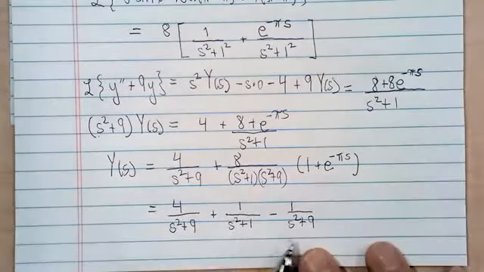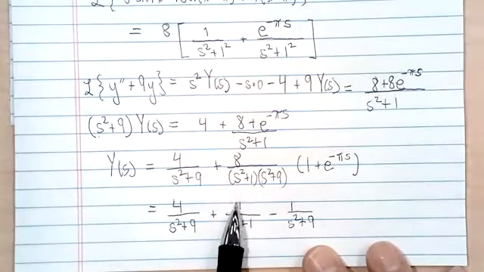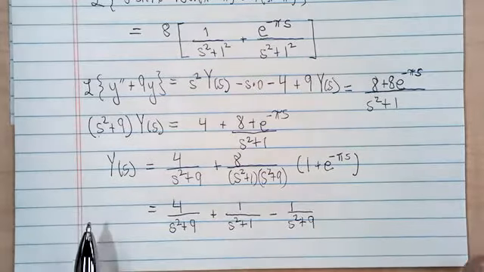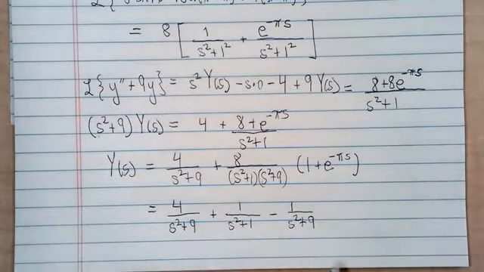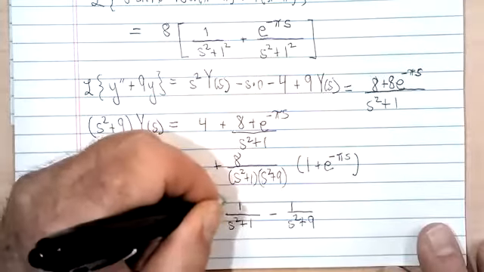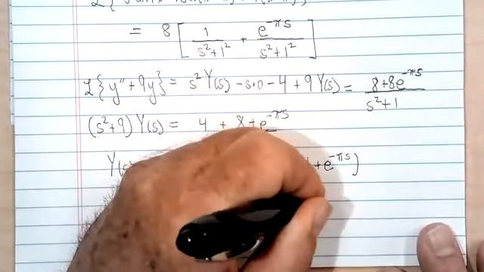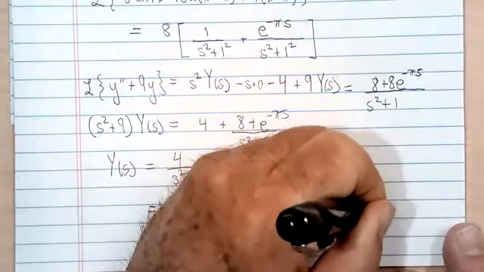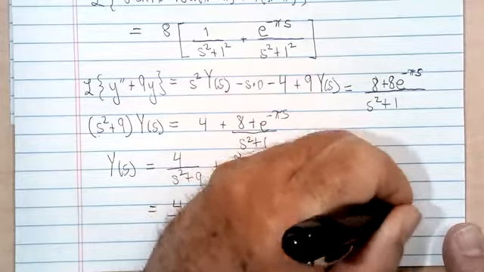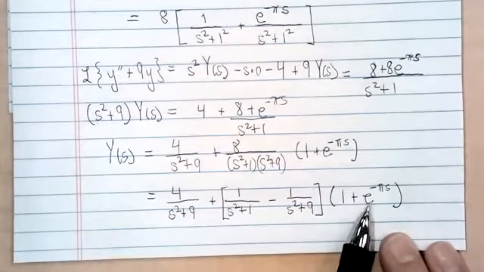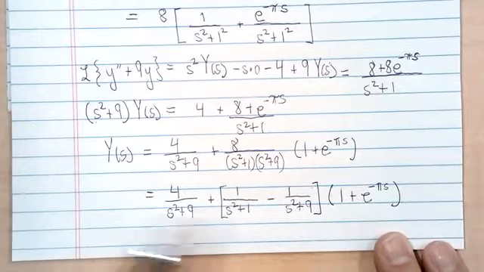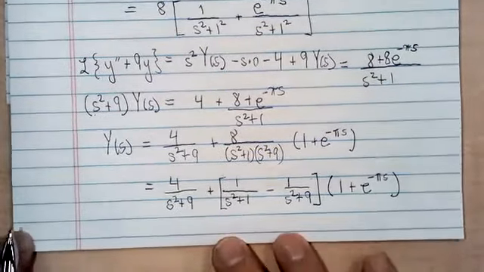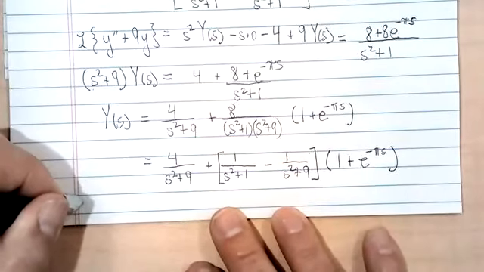Now, when you put this back together, you'd have s squared plus 9 minus s squared minus 1. So the s squareds cancel out. 9 minus 1 is 8. You get that back. And then what we're going to do is take the transform of the stuff in the brackets there and then transform it again with this factor. So can I get that all worked in this little tiny space?